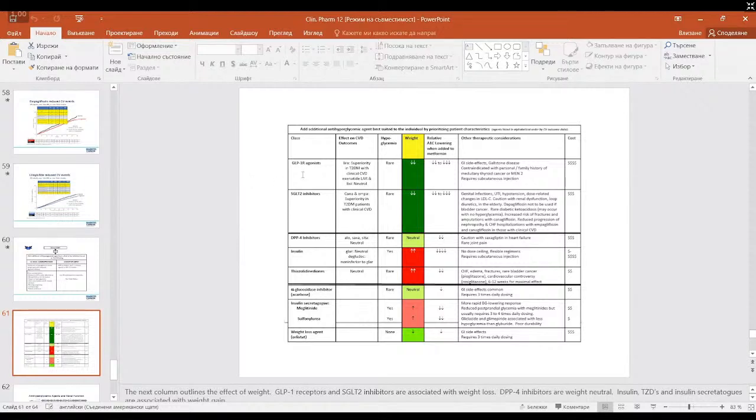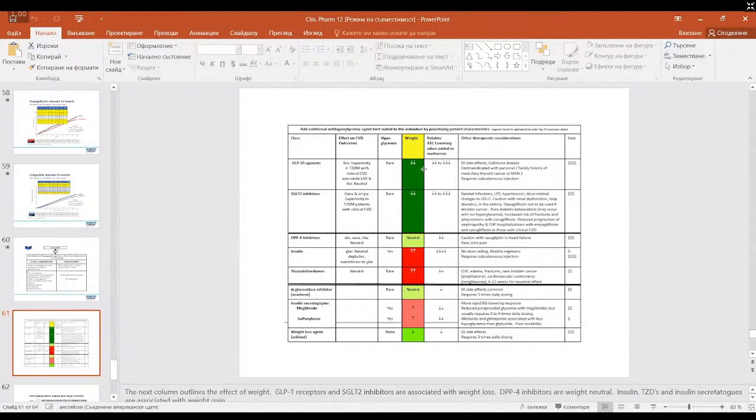And you see that in patients who are on GLP-1 agonists or SGLT2 inhibitors, like the two drugs that we mentioned, cana and empagliflozin and liraglutide, they have a positive side effect of reducing the weight of these patients. And this is very, very important in type 2 diabetes because usually they have metabolic syndrome.